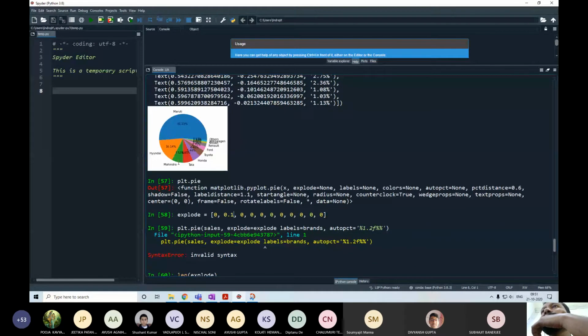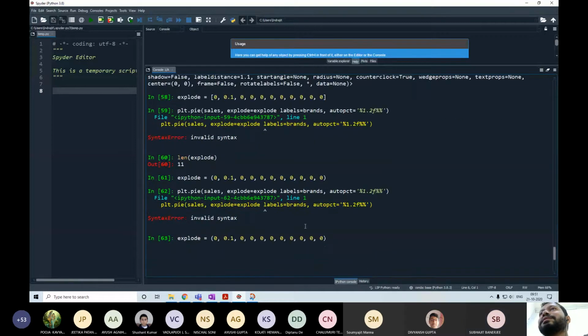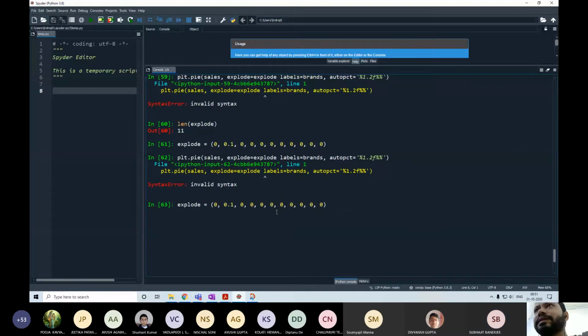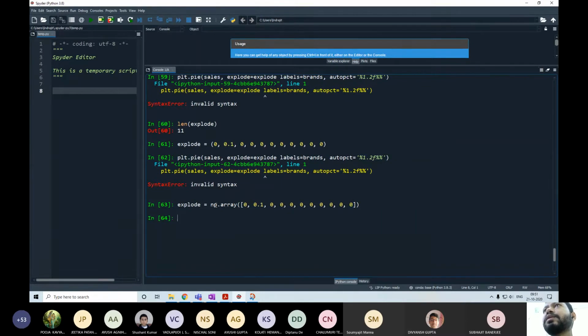But I don't know why this is not working. Anyway, let me try making explode an array. Yeah, let me try that. So if it is an array, let's see. One final time, let's try if this is working.